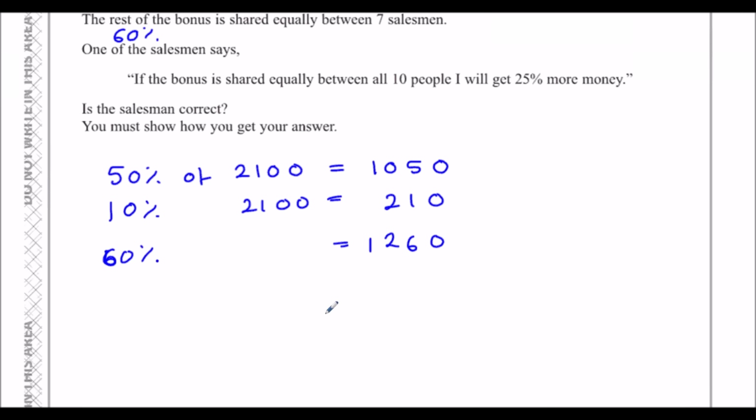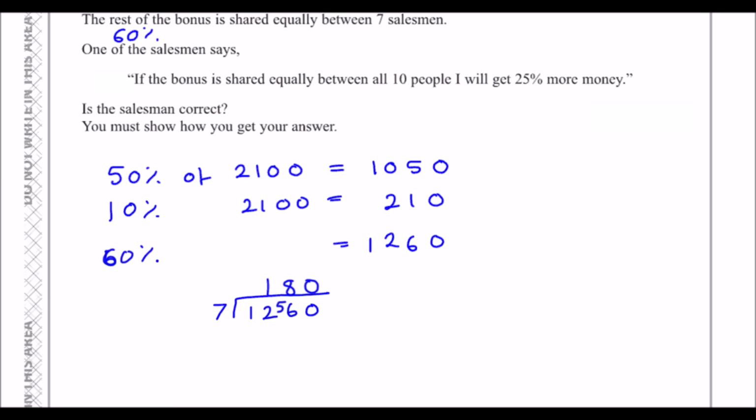That's shared between 7 of them. So this divided by 7, how many 7s go into 1,260? None into 1, 1 into 12, with 5 left over, and 8 into 56.